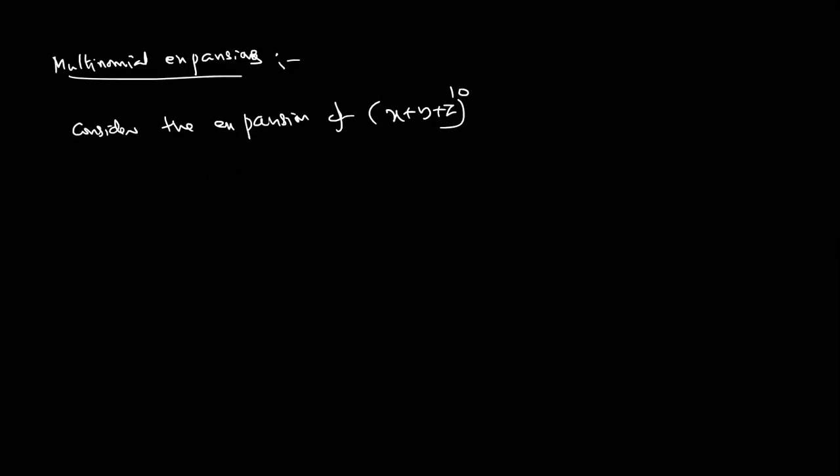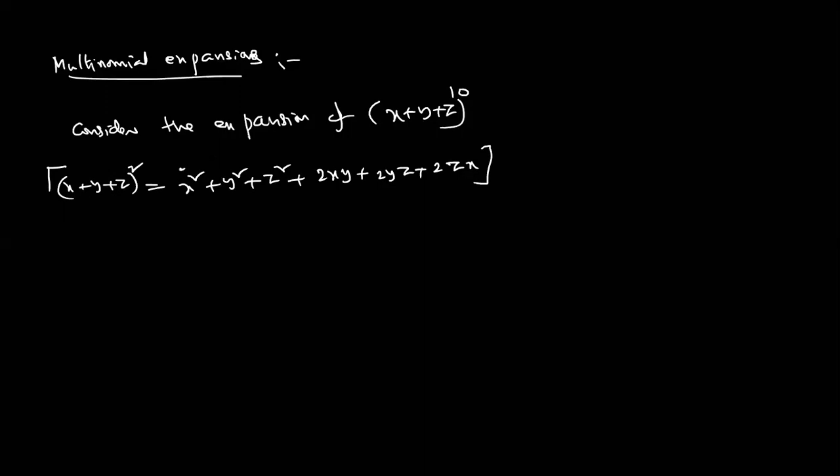What is the case in this case? I'm giving one more example: x plus y plus z whole square. Dear students, what you are observing, the degree of this one is how much? Each and every term has degree 2.